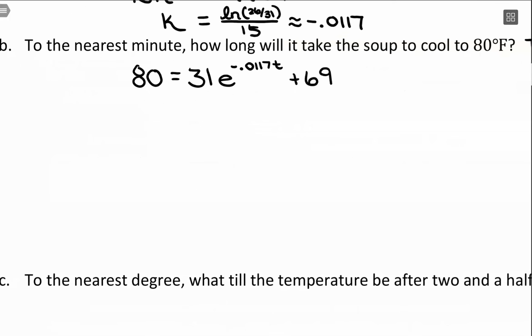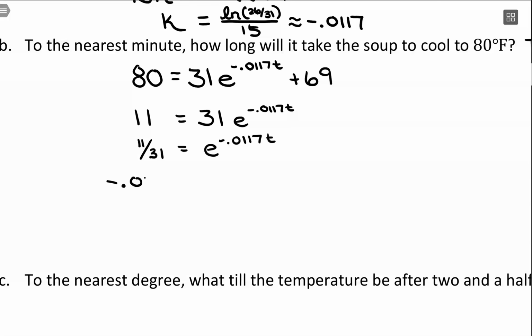So I'm going to subtract 69 from both sides of the equation. Divide by 31. Change to logarithmic form, so solving for that exponent with logarithm base e, which is our natural log of that value of 11 over 31.